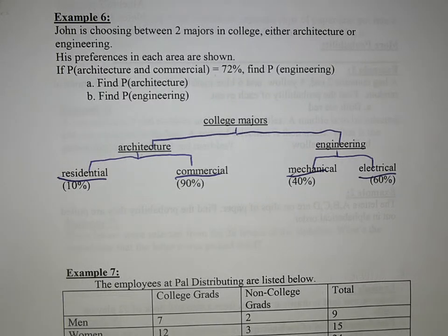John is choosing between 2 majors in college, either architecture or engineering. His preferences in each area are shown. If the probability of architecture and commercial is 72%, find engineering. Okay? So we're going to actually end up finding the probability of architecture and the probability of engineering.